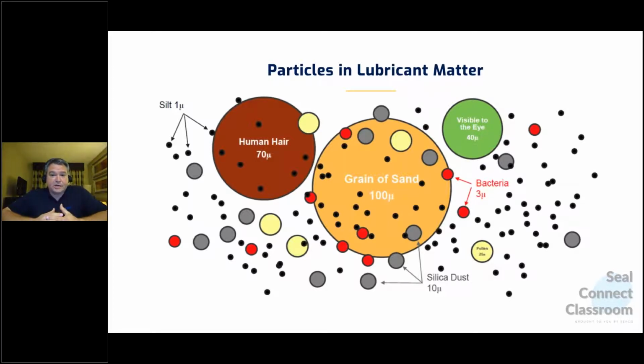But in this case, there's hundreds of other particles. Those are the ones floating around in the lubricant, silica, dust, and silt, things that are going to damage our bearings. That's what's showing up in the postmortem reports. When you look at the failures, you're seeing the indentations in the raceways due to these small particles.